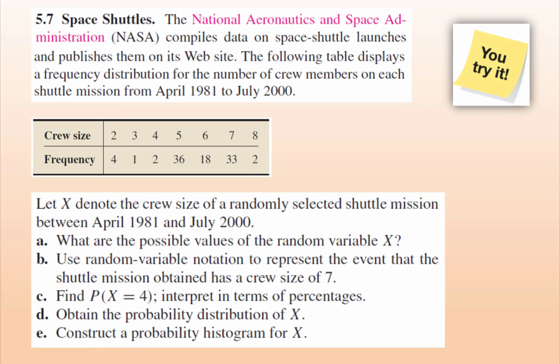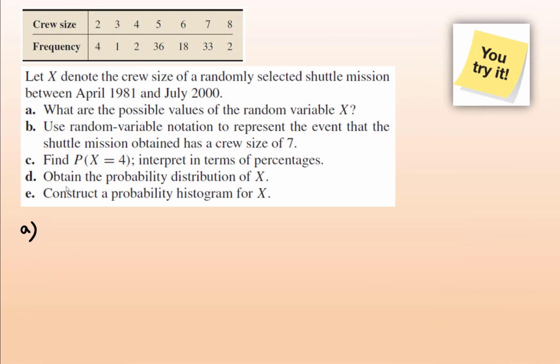If x describes the crew size of a randomly selected shuttle mission, then what are the possible values of x? As the random variable, x can be 2, 3, 4, 5, 6, 7, and 8.